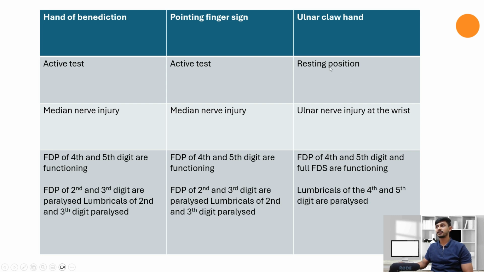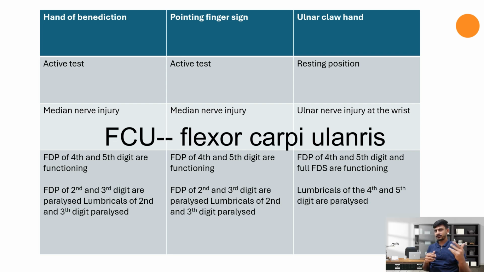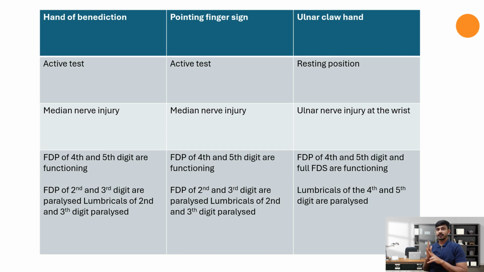and the ulnar claw hand occurs when there's an ulnar nerve injury at the level of the wrist. Why did I specify the wrist here? Because if the ulnar nerve injury occurs higher up, imagine at the level of the elbow, what happens is, as the ulnar nerve runs through the forearm, in the proximal one third of the forearm, it gives off two muscular motor branches, one to the FCU and the other to the medial two heads of the FDP.